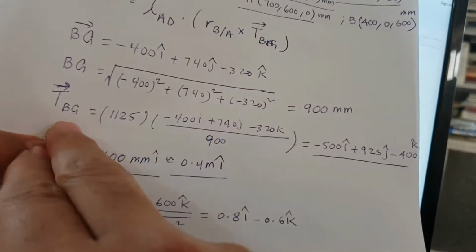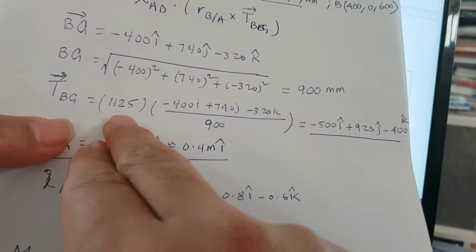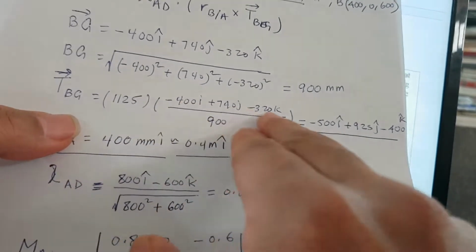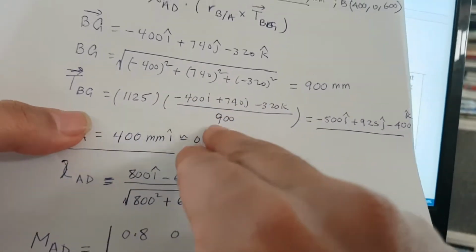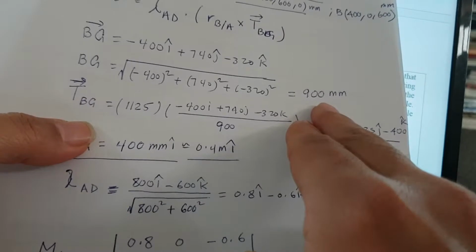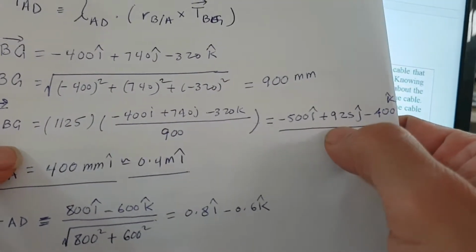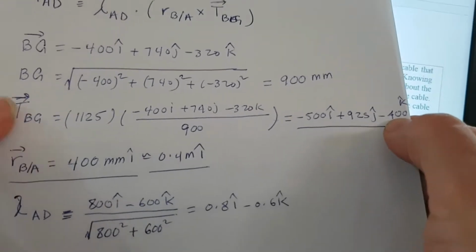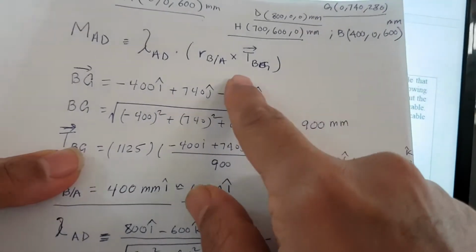So the way we find the tension, we put 1,125, the magnitude of the tension, times the vector form over the magnitude, this vector BG over the magnitude of BG. You'll end up with minus 500I, 925J, minus 400K. Now we found the tension BG.